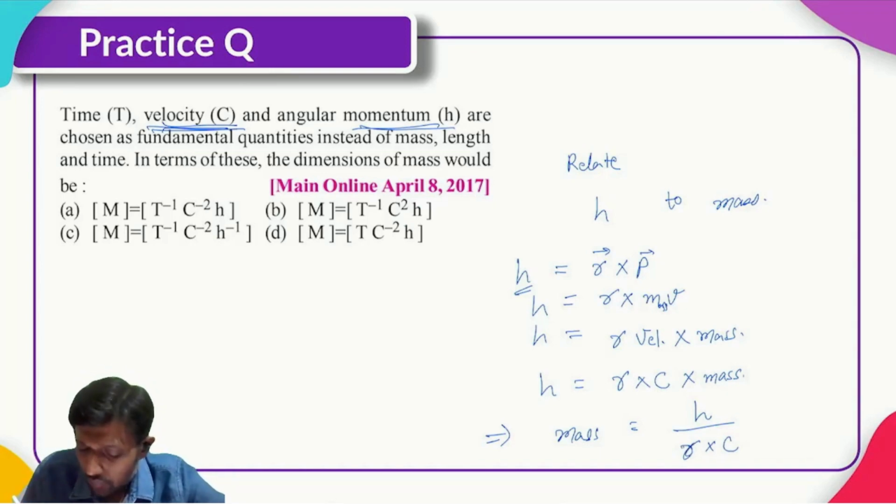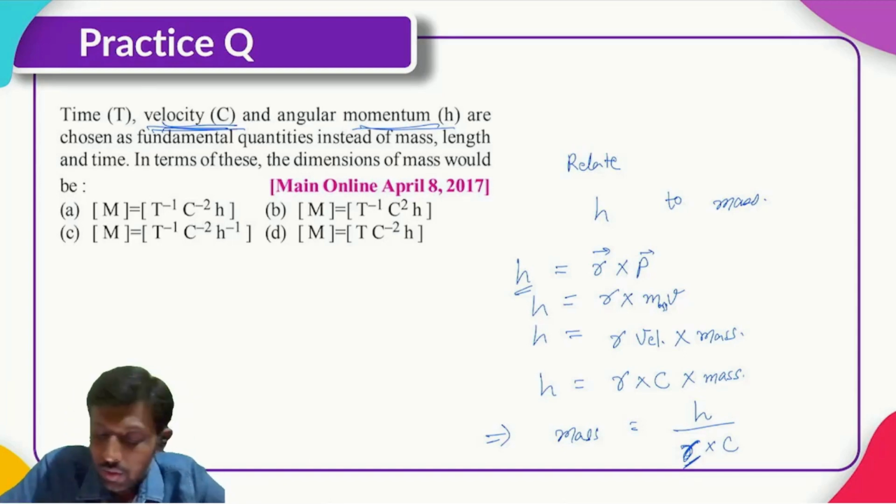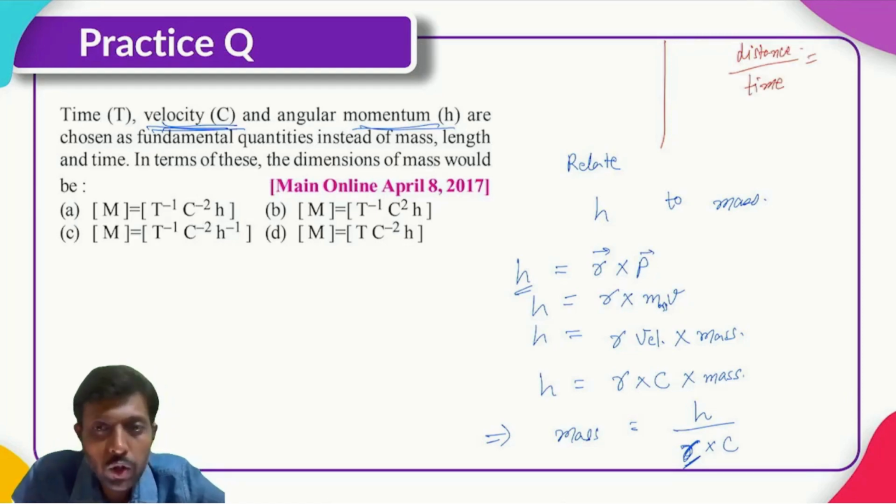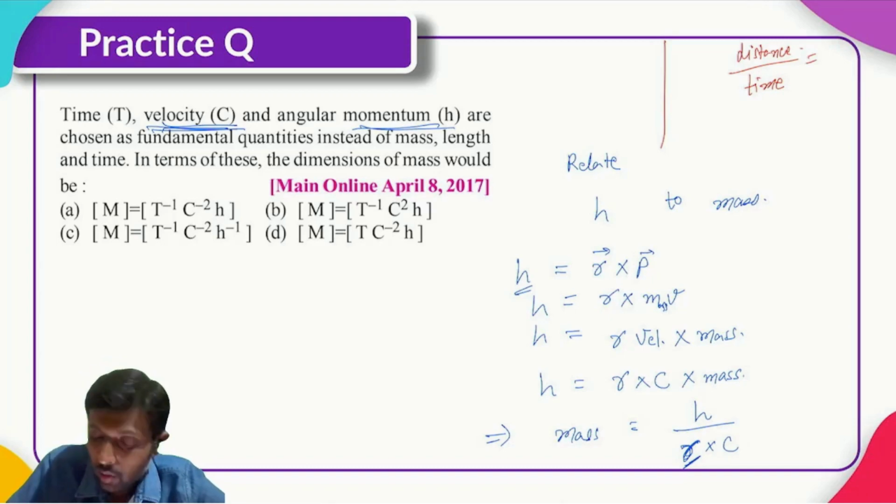But r is not a fundamental quantity. R, that means distance, is not a fundamental quantity. We need to eliminate this from here. Instead, if I can get seconds or velocity there, I'll be good. To eliminate r, we use another trick. Distance by time is velocity, yes or no? And velocity is a fundamental quantity represented by c here.